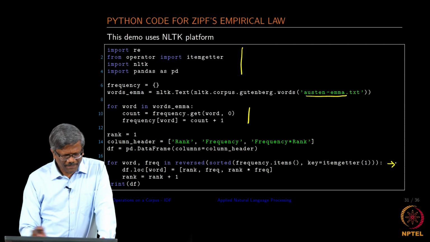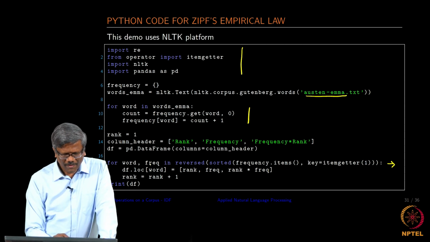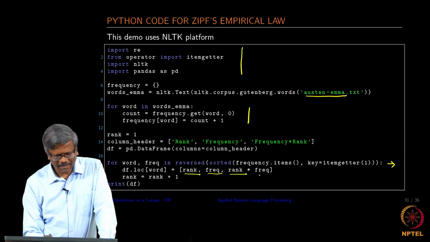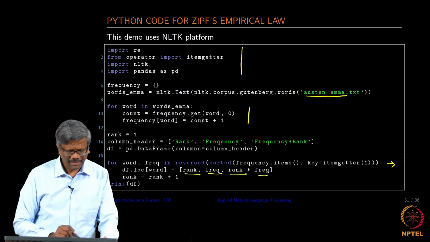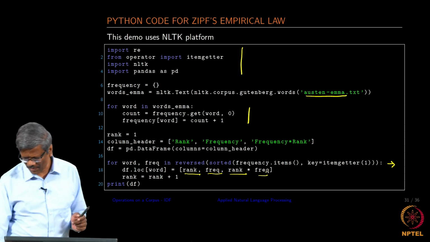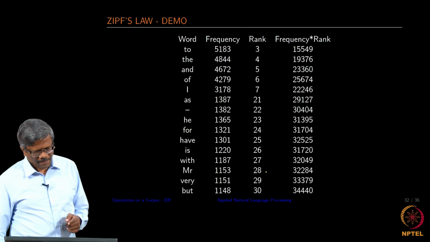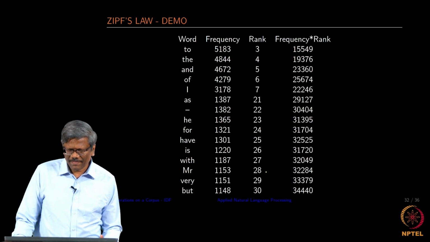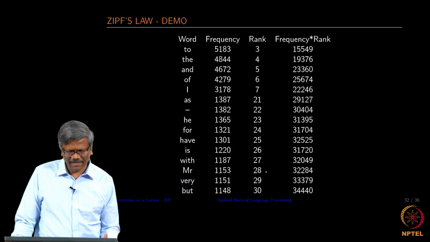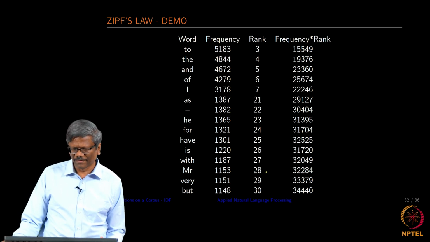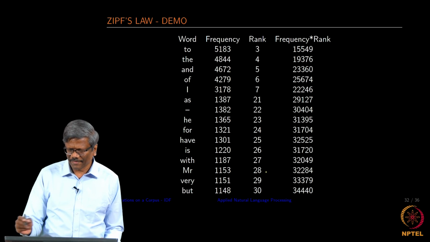And then for every word that we have found, we are going to list by the rank, its frequency, and the rank times frequency, and then finally we print that particular table. So, if you do this operation, you get a table where the words are listed as the first column, the frequency in the second, the rank in the third, and then frequency times rank in the fourth one.